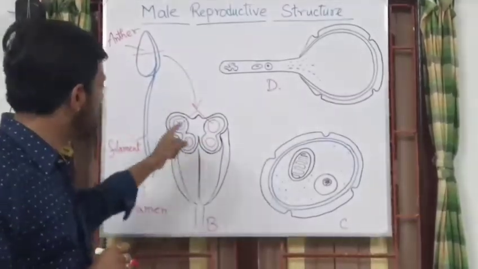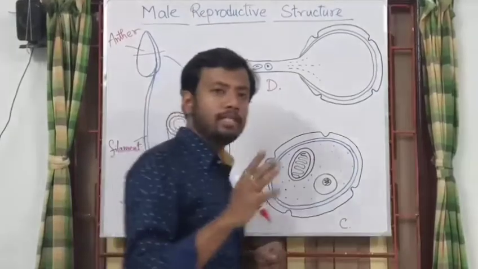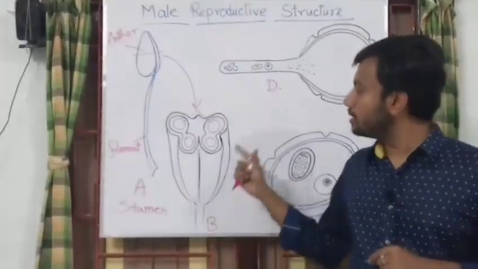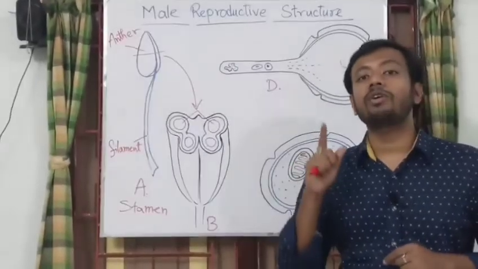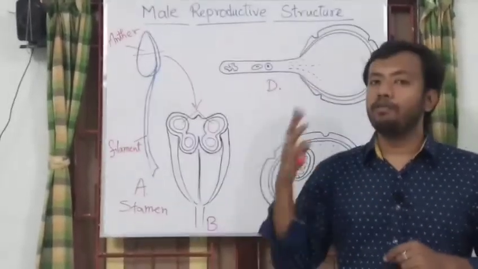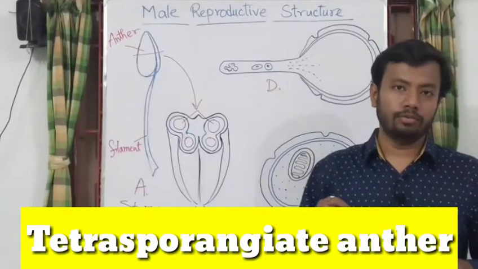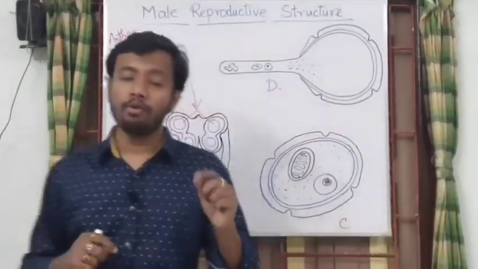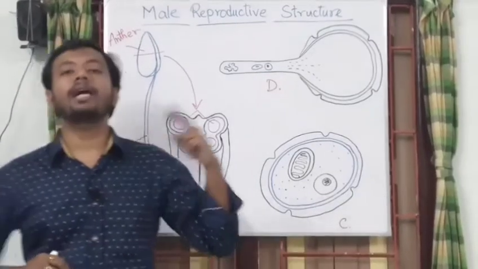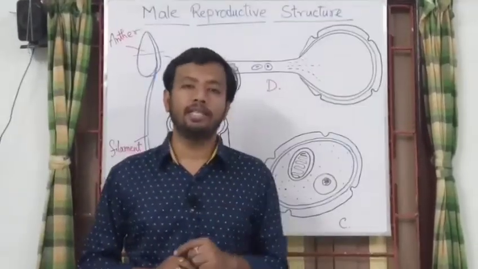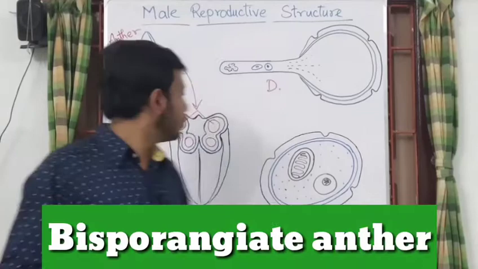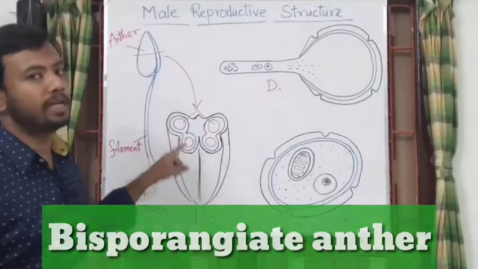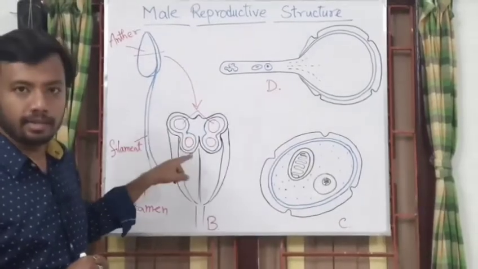There are altogether 4 microsporangia in this typical anther. So this anther is known as tetrasporangiate, as it houses 4 different pollen sacs. On the other hand, in monothecous anther we will have only 2 pollen sacs, and such anther will be referred to as bisporangiate. So here are 4 pollen sacs or microsporangia inside this anther.